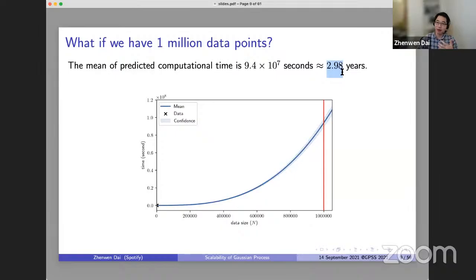That is the power of cubic complexity, because even though 2000 data points looks okay, taking less than a second, if we go 3 orders of magnitude higher, then it becomes totally intractable.